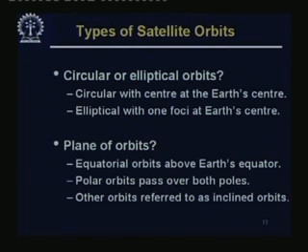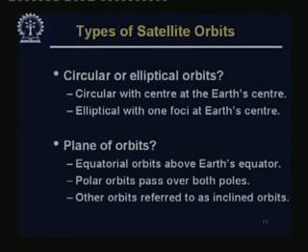Now, there are different types of satellites and they have different types of orbits, circular or elliptical orbits. For the circular orbit, the center is at the earth's center; for the elliptical orbit, one focus is at the earth's center. These are the possibilities. And then the plane of orbits: there are equatorial orbits above the earth's equator.